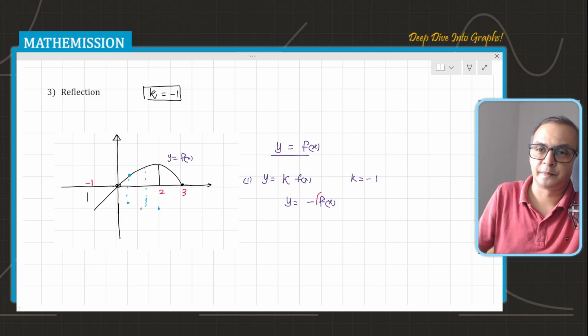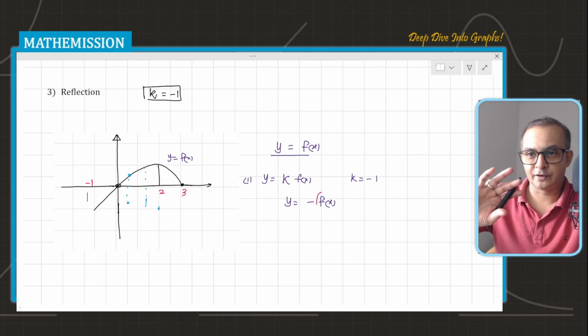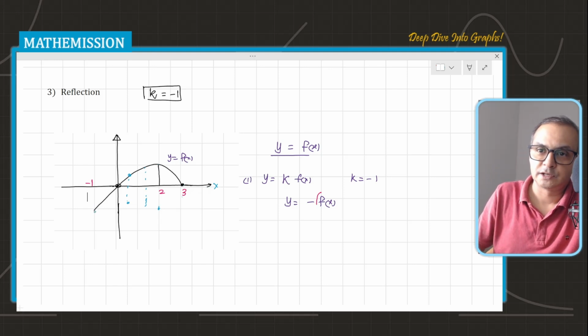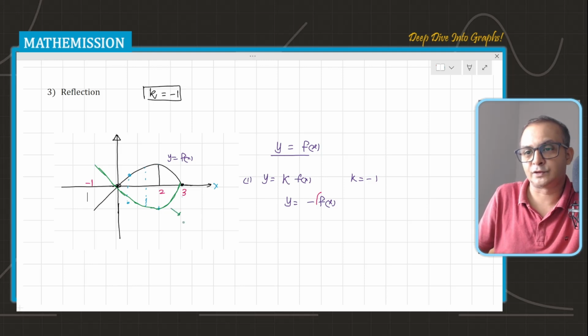We have to think, it means the entire graph will be flipped about the x-axis. So the negative portion will go to the positive portion, and the positive portion will go to the negative portion, and so on. So this is the flipped graph, and this is the graph of y is equal to minus f(x).